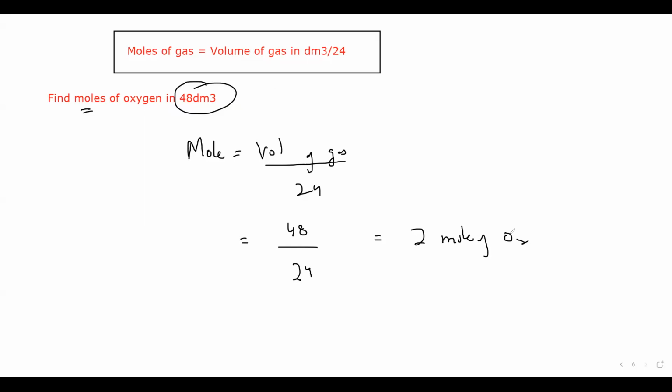If volume is given in cm cube, then again you have to convert the volume into dm cube by dividing by 1000. Another example related to finding the moles of gas.